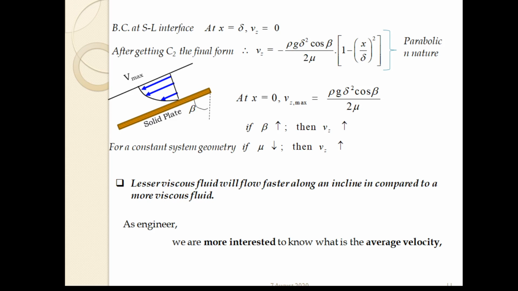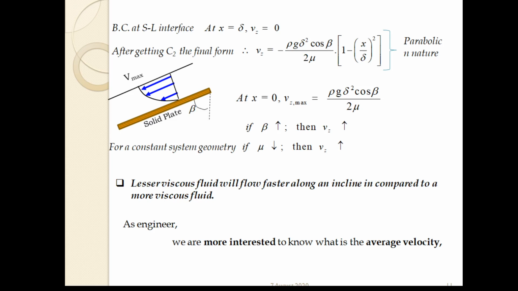With that vz, the velocity, multiplied with the dx and dy term. Why? Because across y and x the velocity will not vary. So the double integration from 0 to w, 0 to delta, of vz dx dy, upon the double integration from 0 to w, 0 to delta, of dx dy.